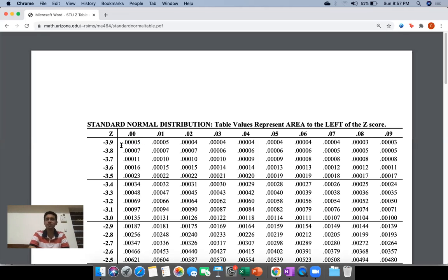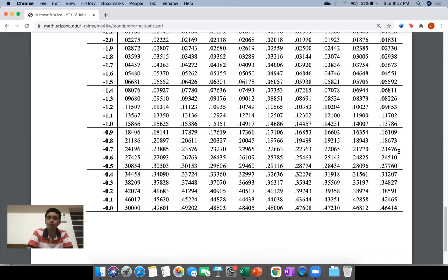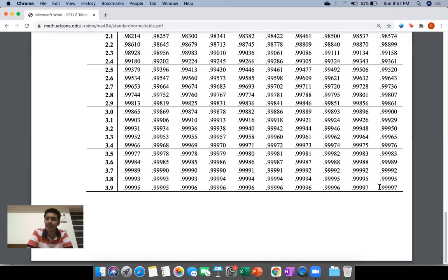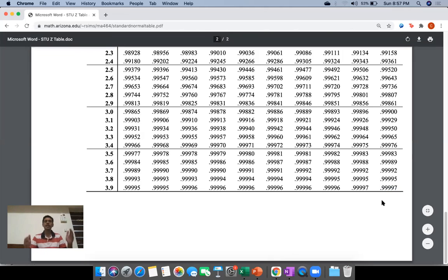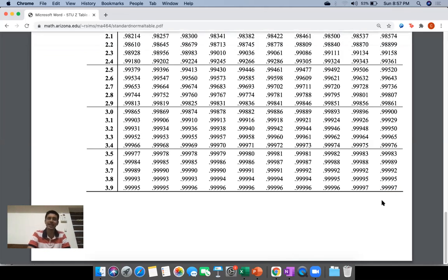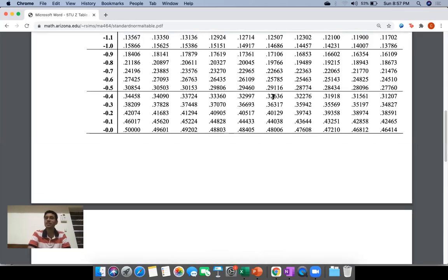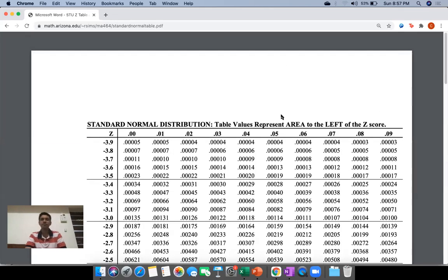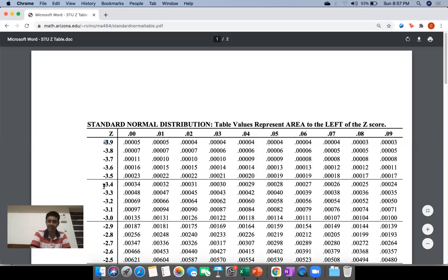So this refers to probability, and that is the reason probability is going to range from 0.00003 to 0.99997. Probability can only be positive, it cannot be negative, so you have all these numbers ranging from 0 to 1. This is the value of Z, the second decimal is on the top row, and what is in between is the probability.